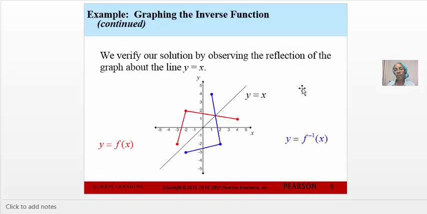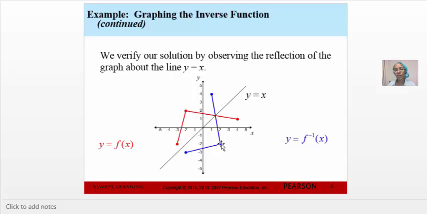So here's an example of the graph of a function. This red curve is the graph of f of x. Now notice my mirror is the line y equals x. And notice how these two functions are symmetric to each other with respect to the line y equals x.